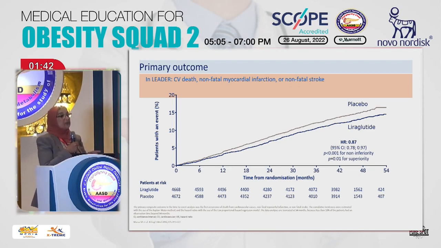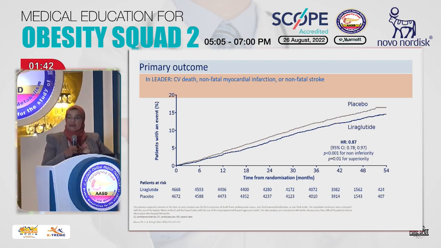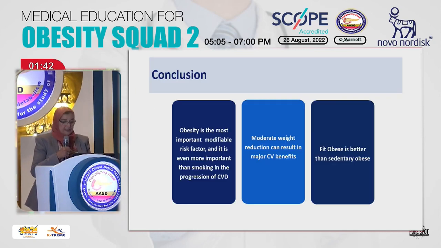Actually, it wasn't placebo; in this type of patients, it was shown that they had the standard treatment for that high risk cardiac condition, and liraglutide had a favorable effect that offered safety to the heart. It decreased the cardiovascular risk, decreased the non-fatal MI, and decreased the non-fatal stroke by a considerable amount, around 13%, in the population. This is really very alarming.